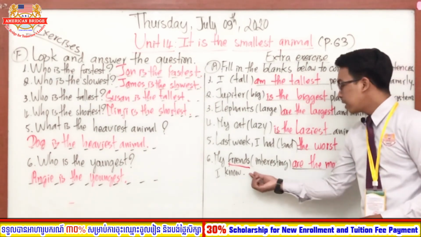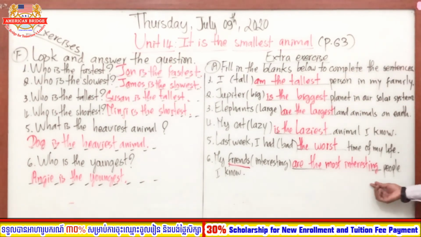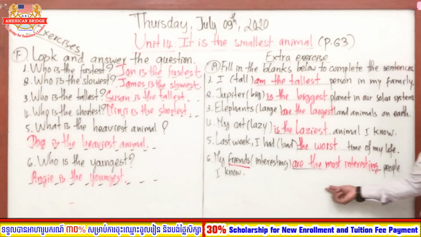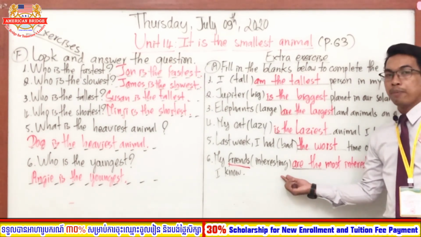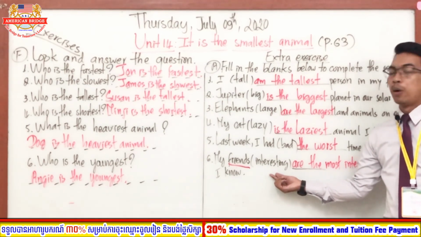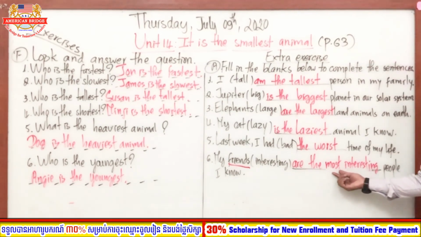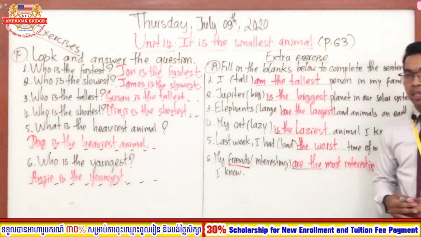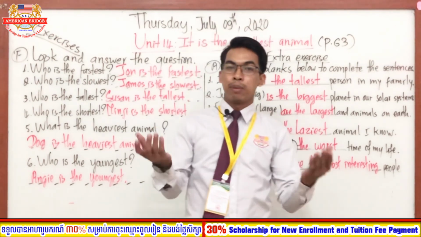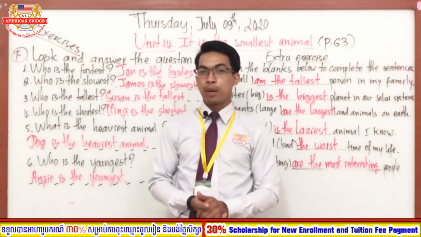So my friends are the most interesting people I know. You see? In the word interesting, how many syllables do we have? Yeah, 3 syllables. So we add the word most before the adjective and it becomes a superlative adjective. Very good, students. Teacher believes that you can catch up well with the exercise practice.